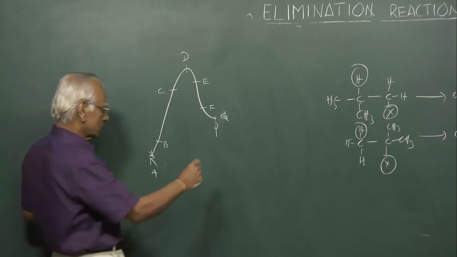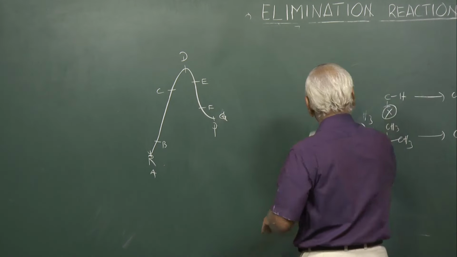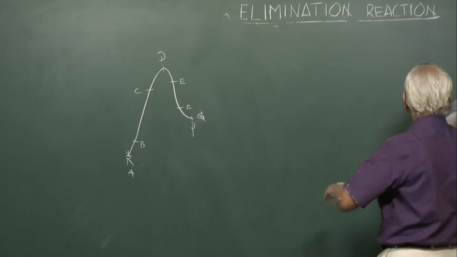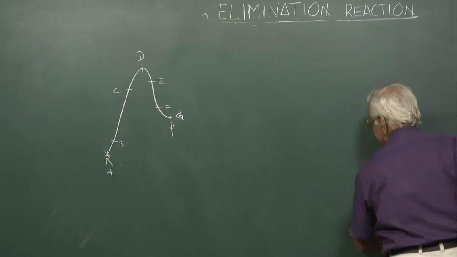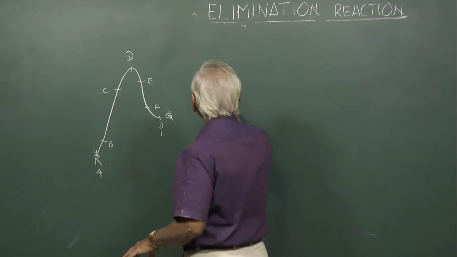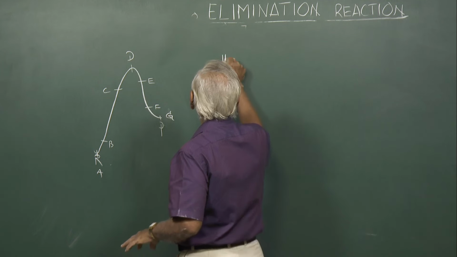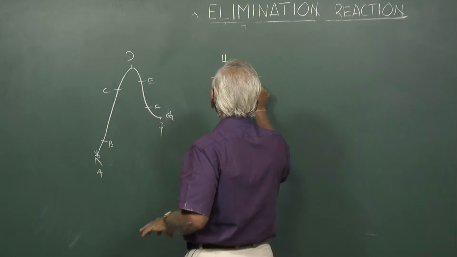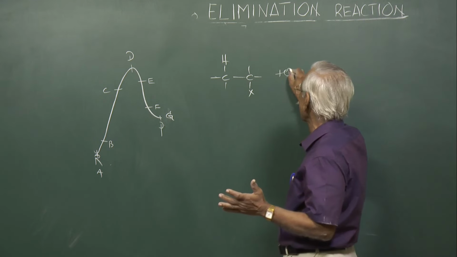Now, the transition state I wrote, but that was incomplete. No one noticed it. I need to have a starting compound for me to write the transition state plus OH minus ion.